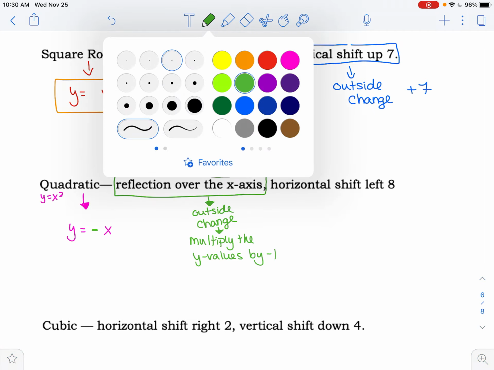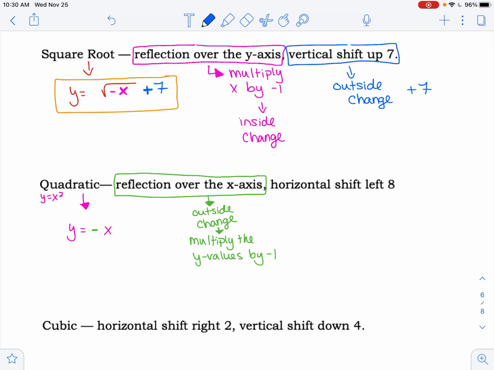And then it says a horizontal shift left 8. This is an inside change. And then left 8 actually means plus 8, because remember, it's the opposite. So it's going to be inside. So I need parentheses, x plus 8, close parentheses, and then I can add my squared back on.